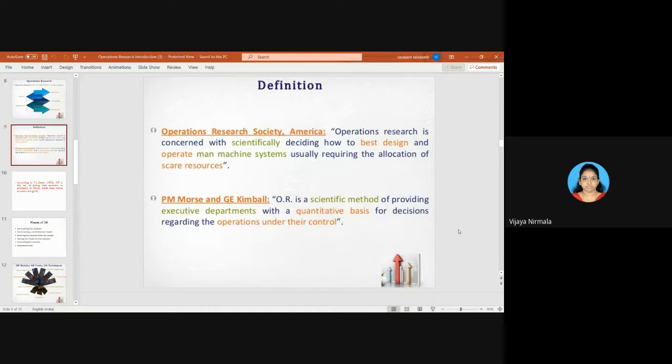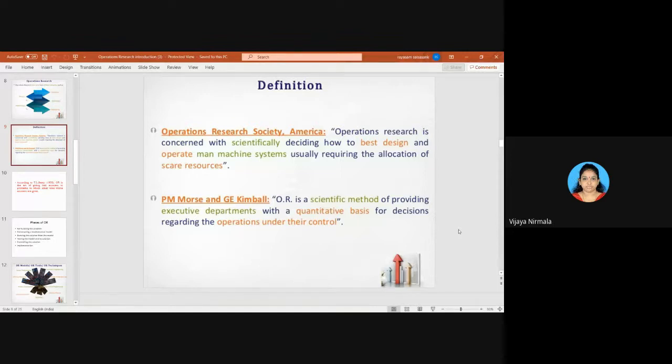That is called operations research. It is mainly concerned with taking decisions and giving the best output. That is, how you can operate man-machine systems with only the availability of resources.